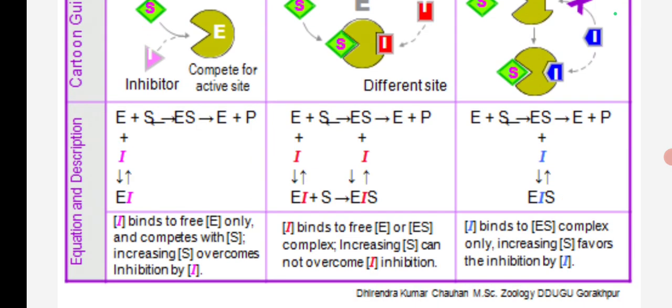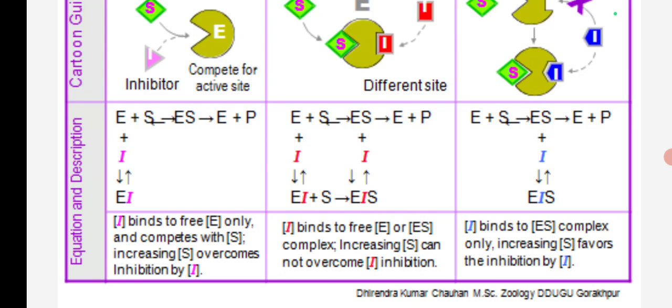First one, competitive inhibition: the inhibitor binds to the free enzyme only and competes with the substrate; increasing the substrate concentration overcomes the inhibition by the inhibitor.